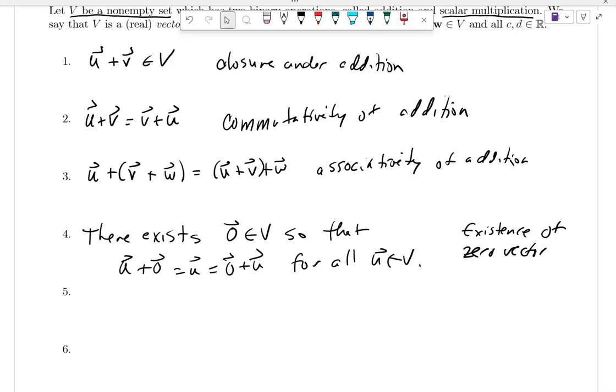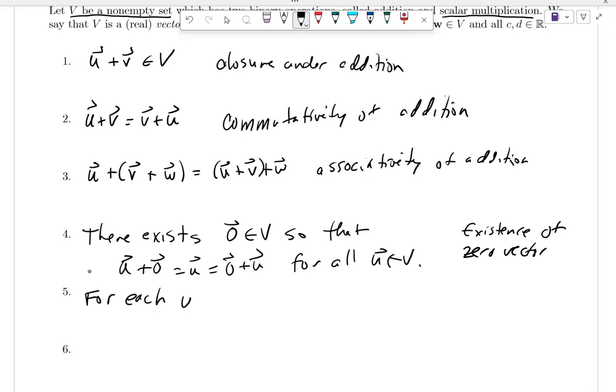Why did we want a zero vector? Well, it's at this stage where I've got the x plus 0 idea, right? I need the plus 0 to go away. But remember, to get to here, I had to do the inverses, right? So once we have a zero vector, we can also talk about the idea of additive inverses.